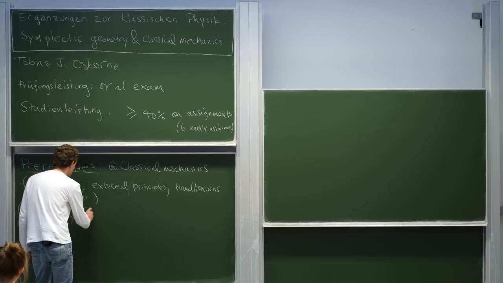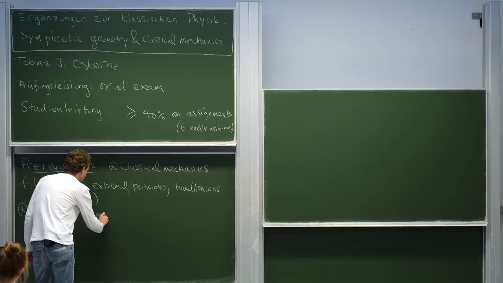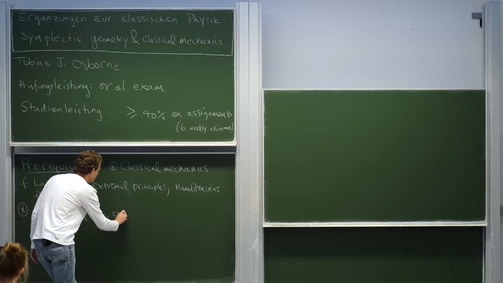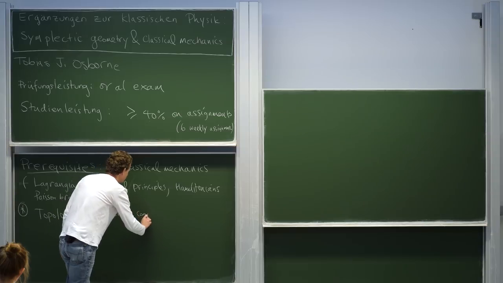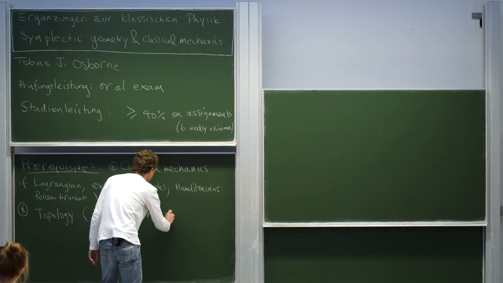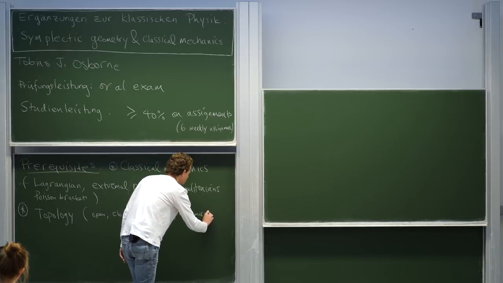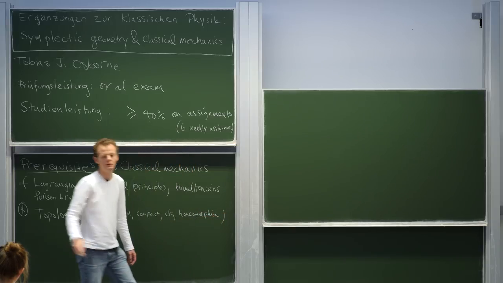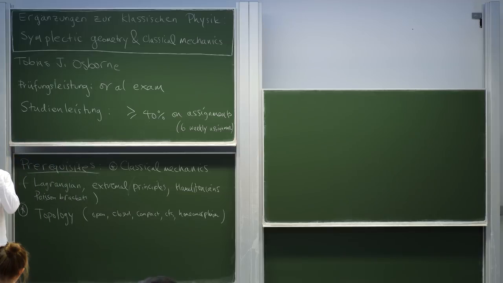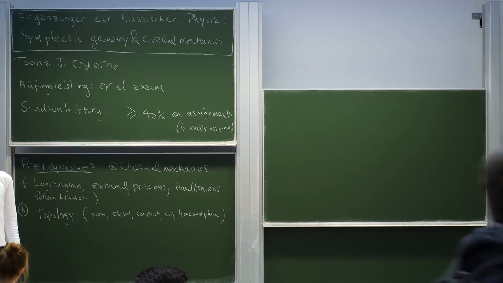Open, closed, compact, continuous, and homeomorphism. These are the only words that we'll probably use in this course. So these words will appear, but don't be too afraid.